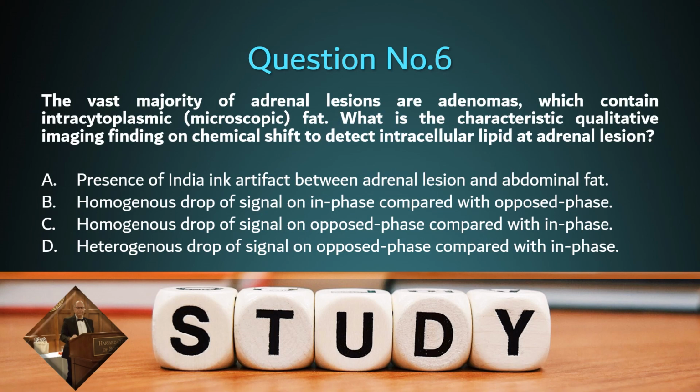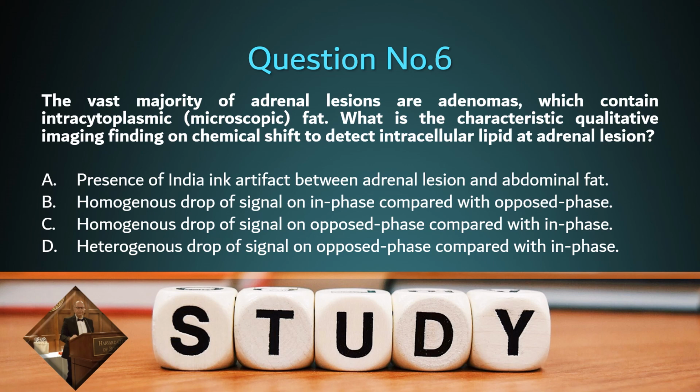Question number 6. The vast majority of adrenal lesions are adenomas, which contain intracytoplasmic, or what we call microscopic, fat. So what's the characteristic qualitative imaging finding on chemical shift to detect intracellular lipid in an adrenal lesion?